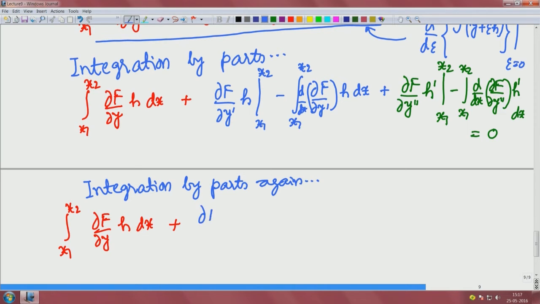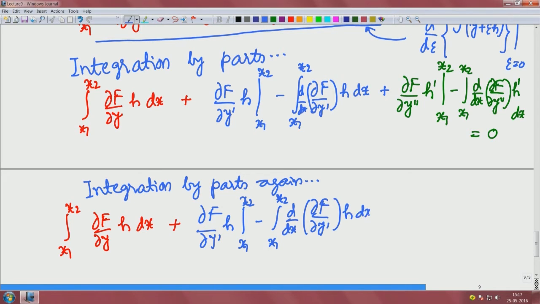I will just write that, dou f by dou y prime h at x1 to x2. We do not need to do integration by parts for the second term as well, minus the integral from x1 to x2 of d by dx of dou f by dou y prime into h dx. Now, for this term, the boundary term part is fine, h prime is already there, that does not bother us because it goes into the boundary condition: dou f by dou y double prime h prime, from x1 to x2.